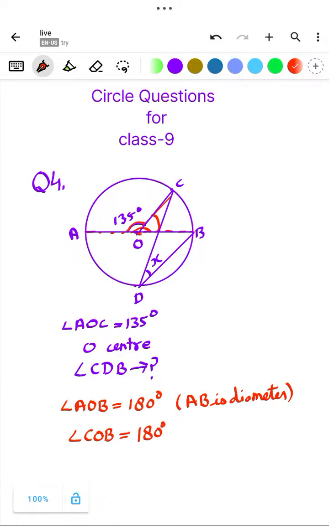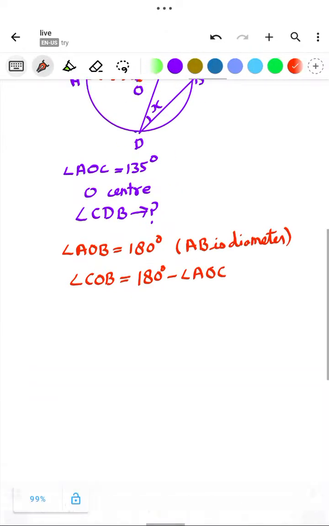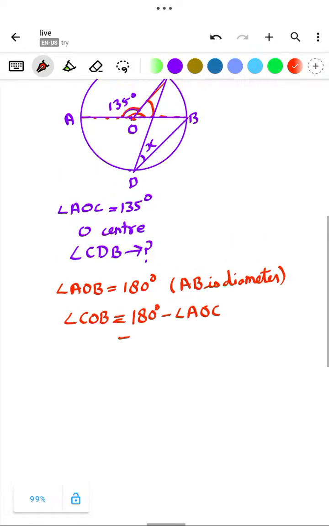180 minus angle AOC. So this is equal to 180 minus AOC is 135.